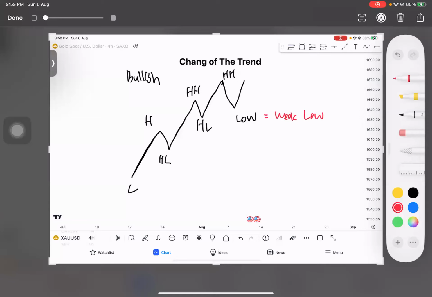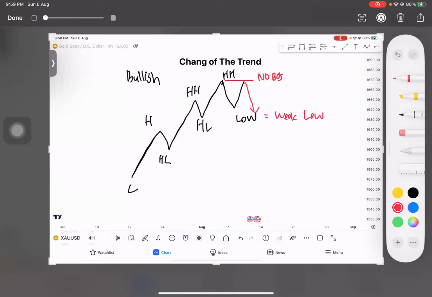Why? Because it didn't break out the previous high.